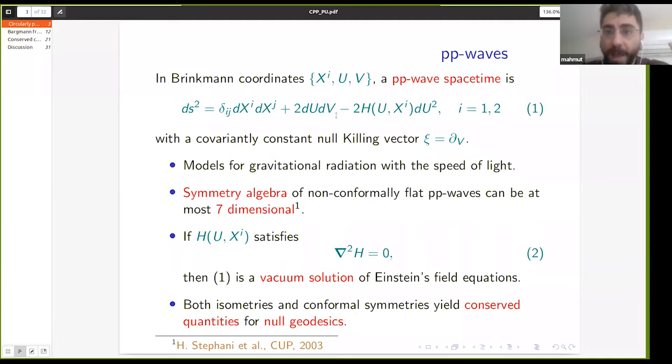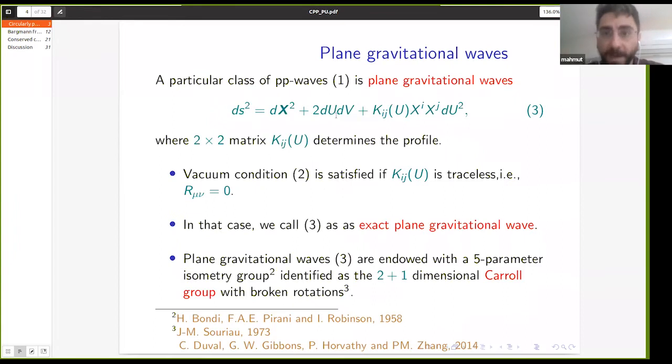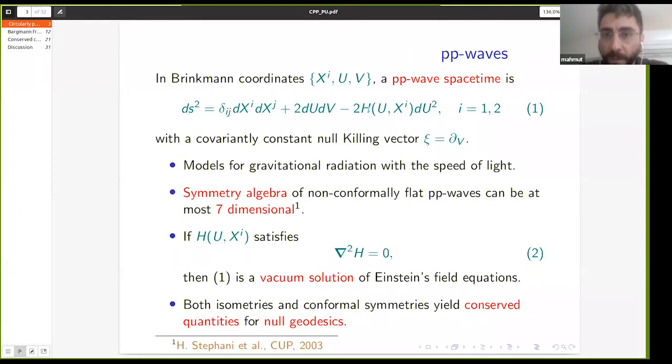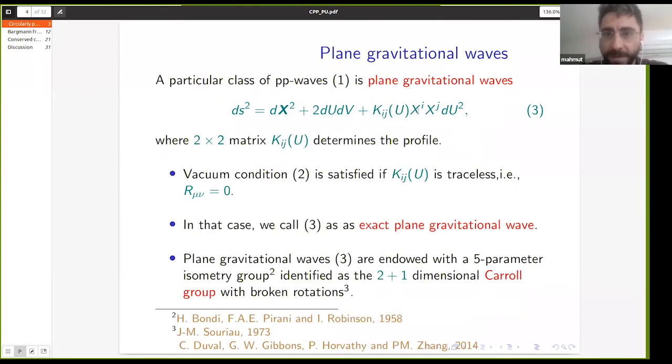Now, as long as you consider PP waves, this is the end of the story. Let's try to be a bit more specific and consider plane gravitational waves, where this profile is quadratic in x. So it is again a PP wave, but with a more specific profile, quadratic in x.